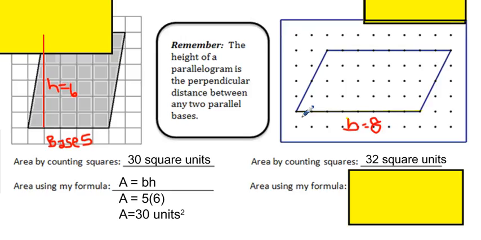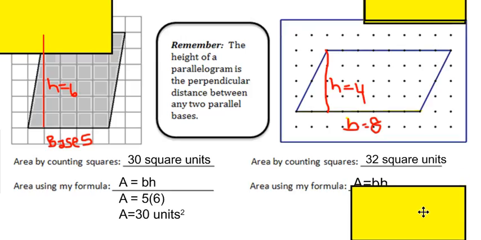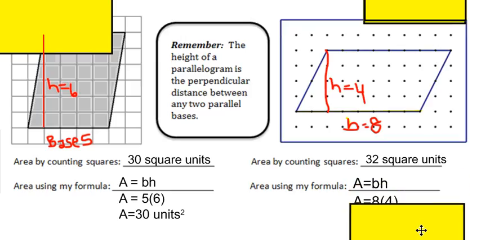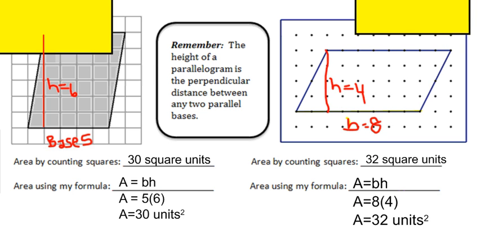And my height, remember, I don't care about this diagonal because it has to be 90 degrees. So my height, I'm going to pick right here because it needs to be the perpendicular distance between the two bases. This line is one base and the line up here is the other base. So my height is going to be 1, 2, 3, 4. So my height equals 4. So A equals B times H. A equals 8 times 4. A equals 32 units squared.